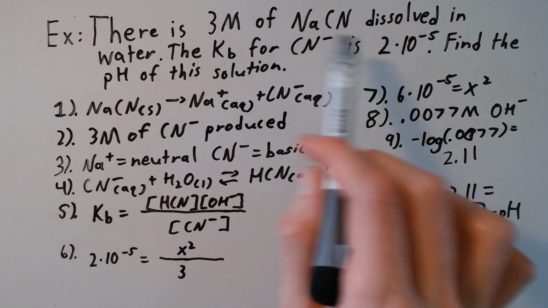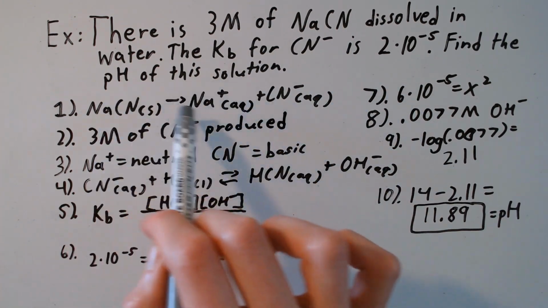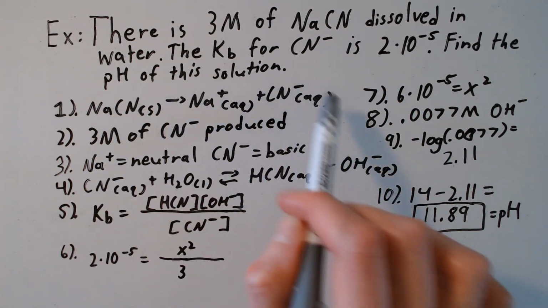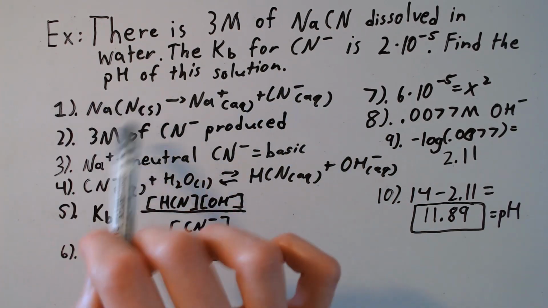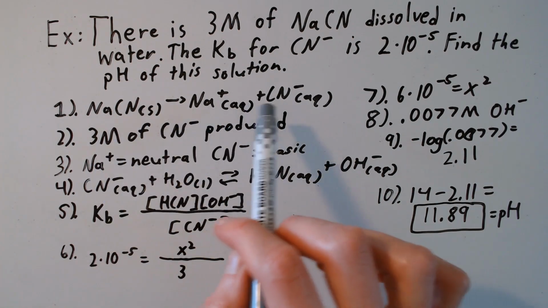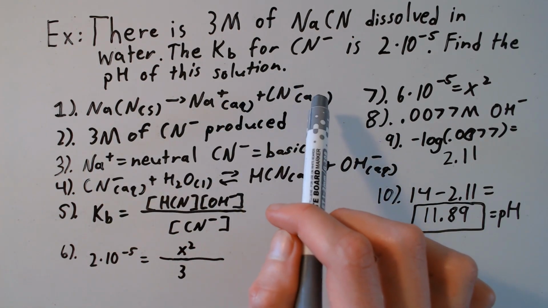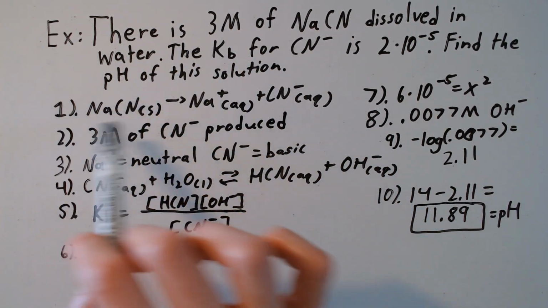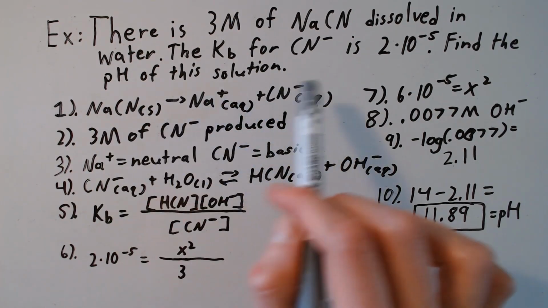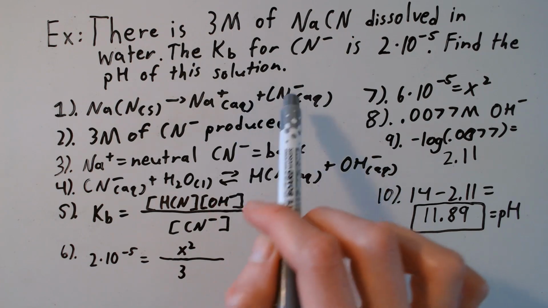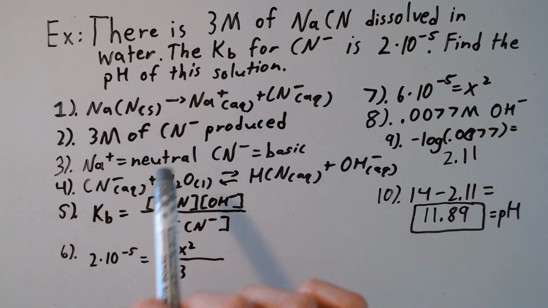Since this is a soluble salt, most of it is present in the form of Na+ and CN- ions, and almost nothing of the solid portion is left. So now we know that if 3 molar of this salt is dissolved, then 3 molar of the Na+ and 3 molar of the CN- are produced because they're in a 1-to-1 ratio.